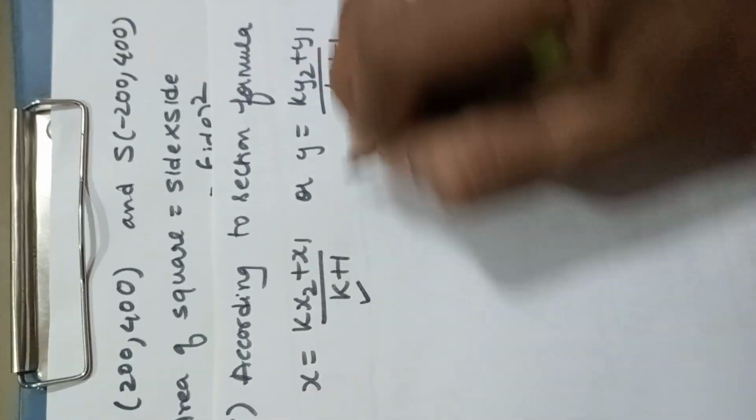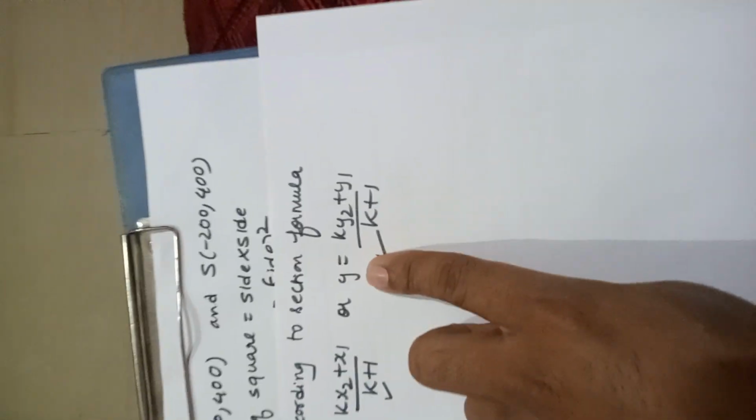We can use this one or this one. So here let's have clarity on what is x, what is x2, what is x1, what is y2, what is y1, what is y. This will help those students who are struggling to understand what is section formula and how to use it.